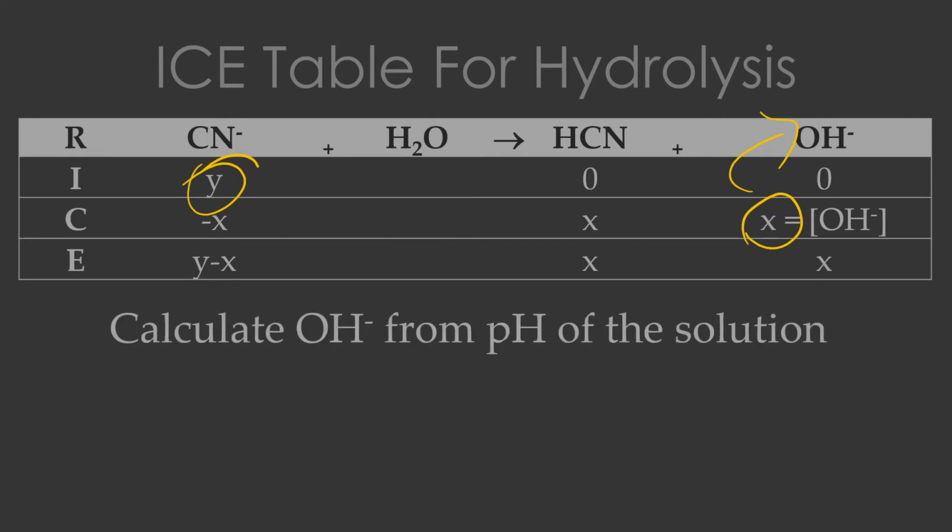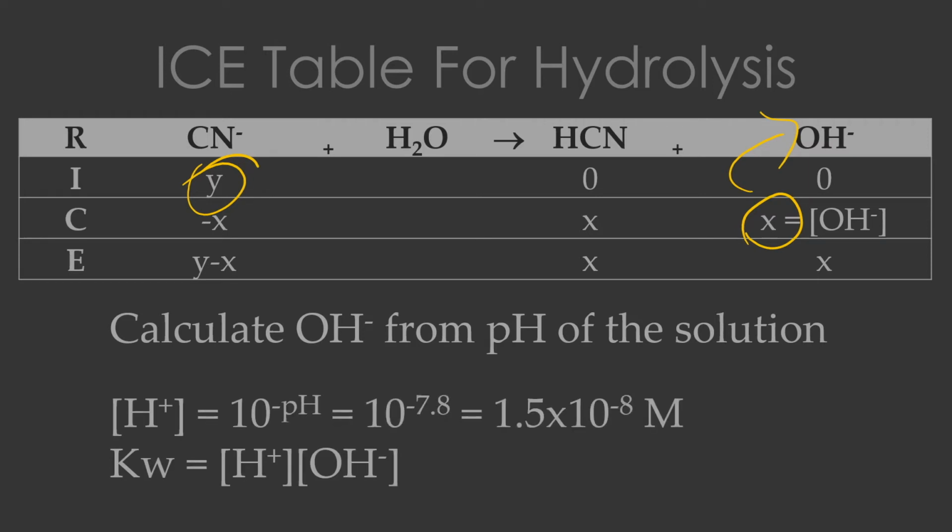So calculate the OH− ions from the pH of the solution. [H+] = 10^-pH, which is 10^-7.8, which equals 1.5 × 10^-8. We may also proceed in an alternate route because pOH = 14 − pH.